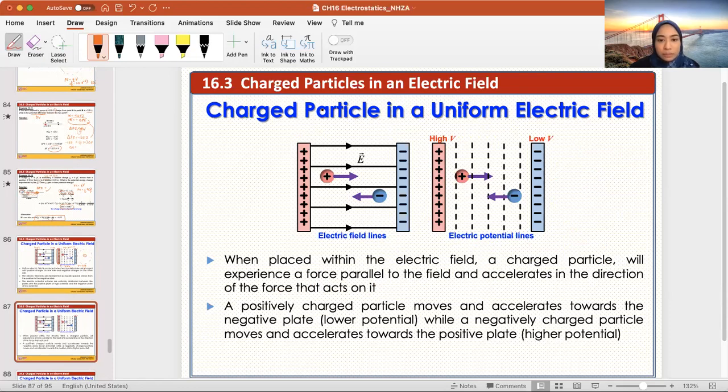Okay, remember E should always go from positive to negative, from high to low. That's your electric field. Your force depends on whether you are attracted or repelled.